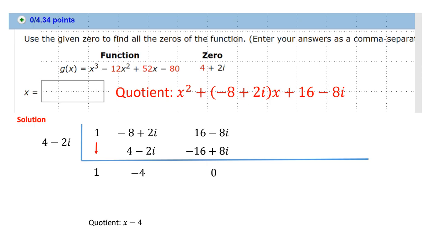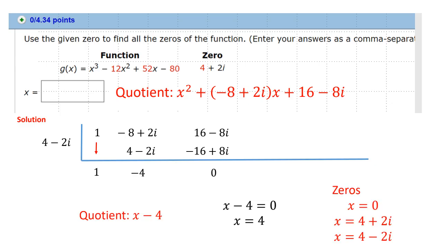But now the quotient is a lot easier to solve. I have x minus 4, so it's easy to see that x is equal to 4. So the solutions or the zeros for this graph are x equals 4, the first one that I tried, 4 plus 2i, which is a complex number, and then 4 minus 2i. So these are my zeros, two of them being complex.